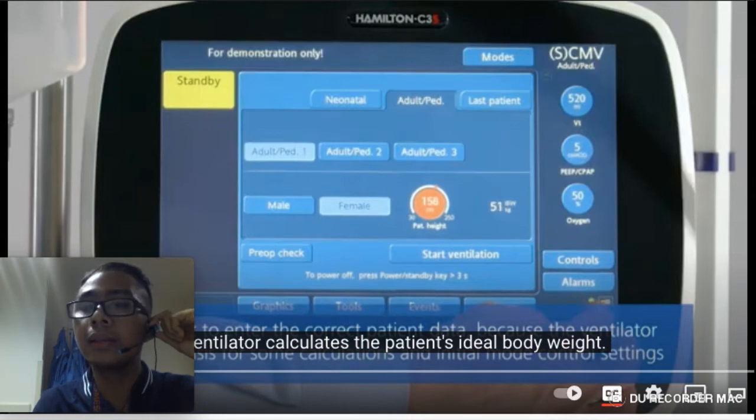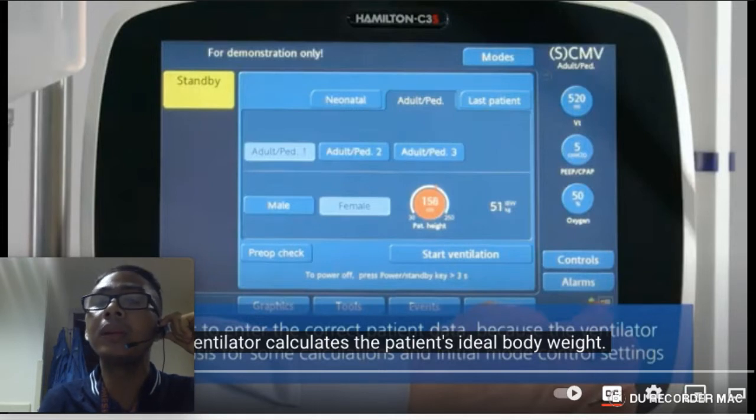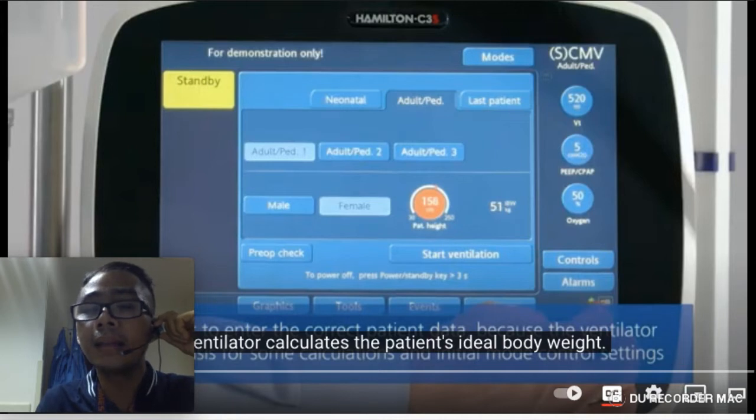So with this technology of the ventilator, you only need to input the height to get the ideal body weight. But there are pros and cons because of this. It is already high-tech, but we need to do the basics, because even though the microprocessors of modern ventilators can predict the value, we need to consider the different cases of the patient.